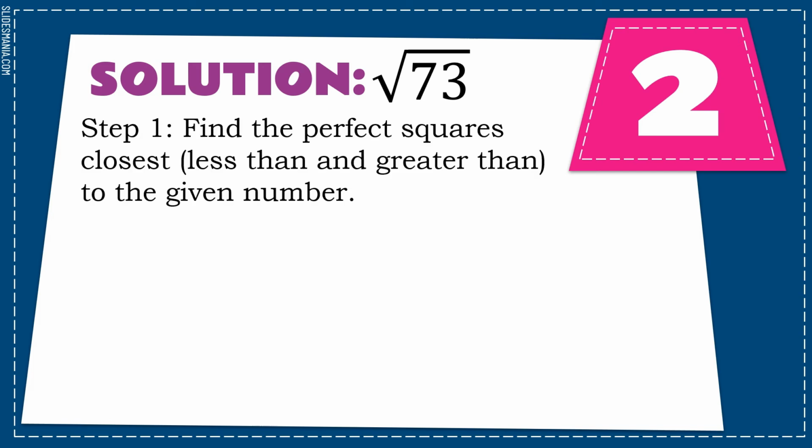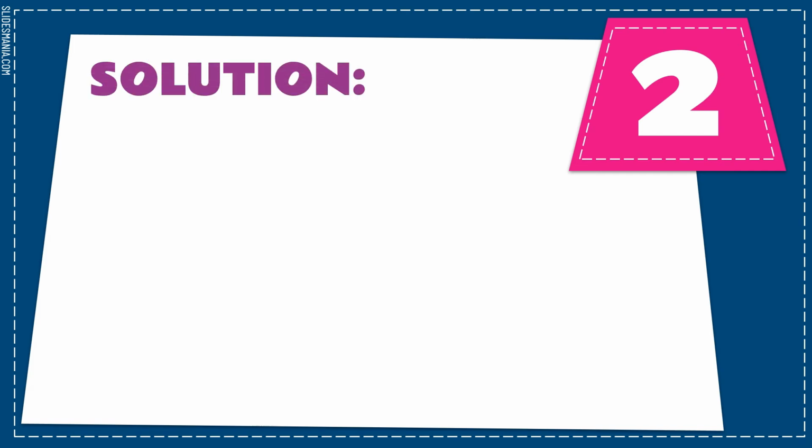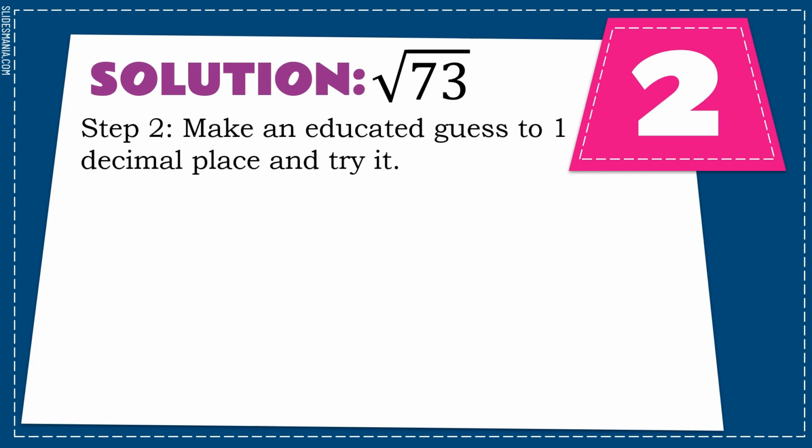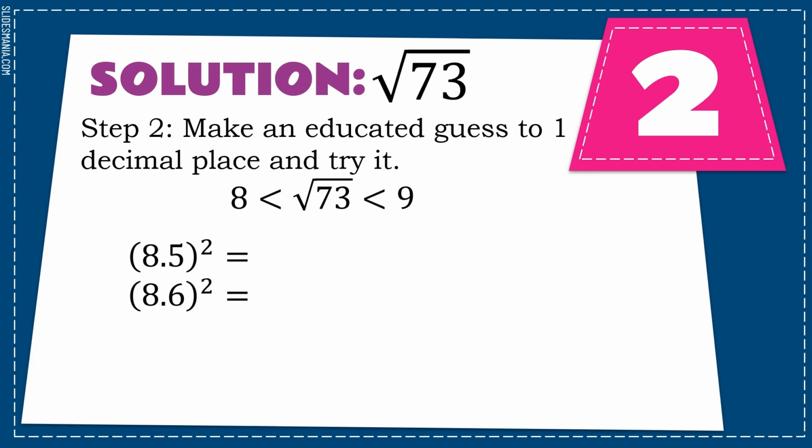It is closer to 9 since 73 is closer to 81 as compared to 64. Now, let us make an educated guess to one decimal place. Think of numbers with one decimal place that, when rounded off, will be equal to 9. So we have 8.5, 8.6, 8.7, and 8.8. Note that we need to include only numbers that are close to 9.